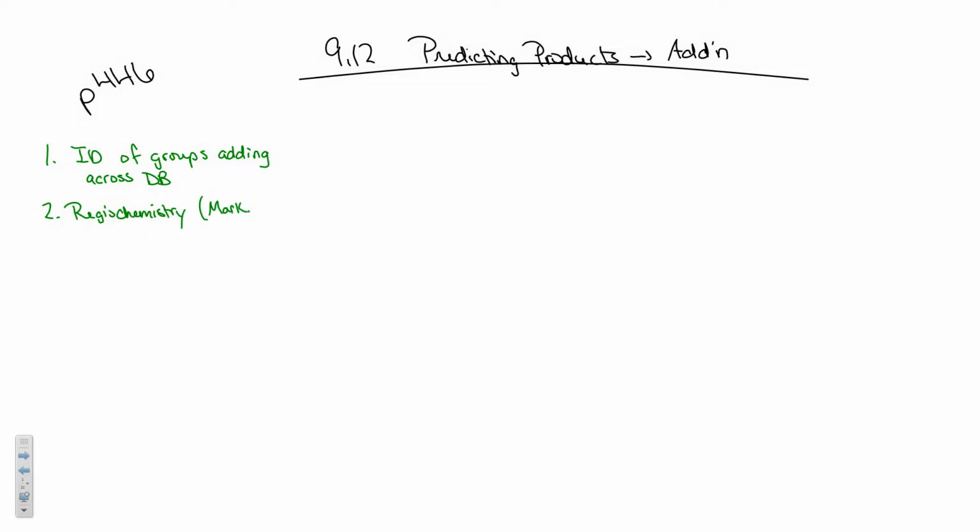Is it Markovnikov or is it anti-Markovnikov? And the last one is stereospecificity. So is it syn or anti? Do you create a chiral center? If so, how many? So you have to look at the stereochemical concerns.